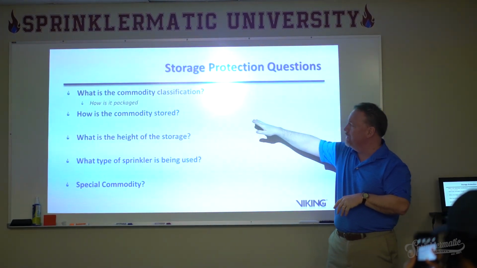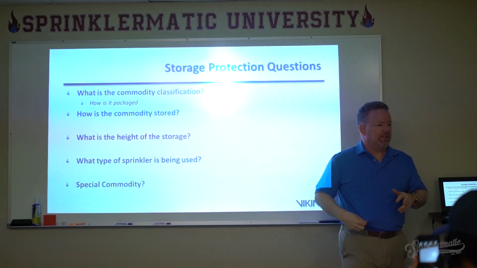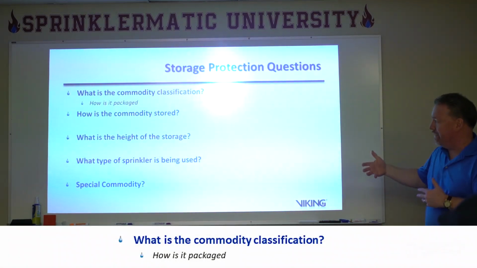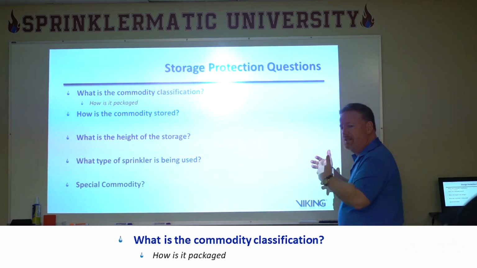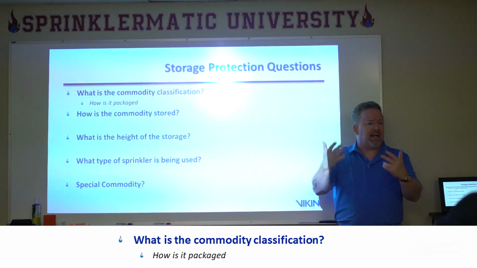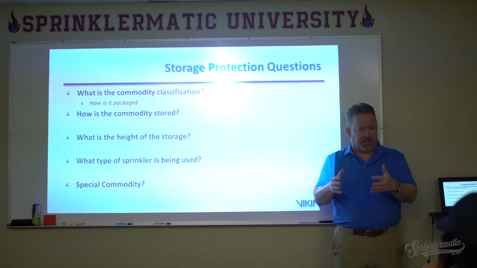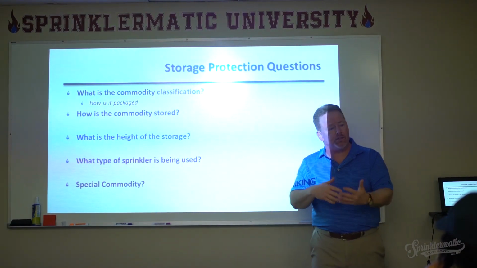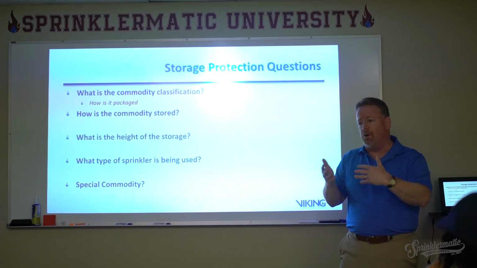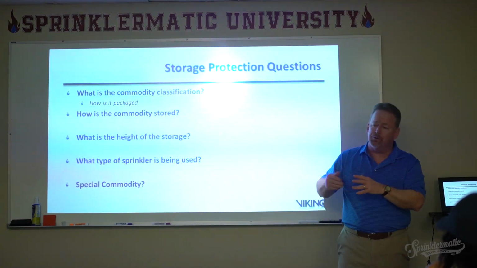So to start with, we need to ask, what is the commodity? What is the commodity classification? When we were talking about occupancy classification design, we said it was either light hazard or ordinary hazard group 1, or extra hazard group 1 or group 2.